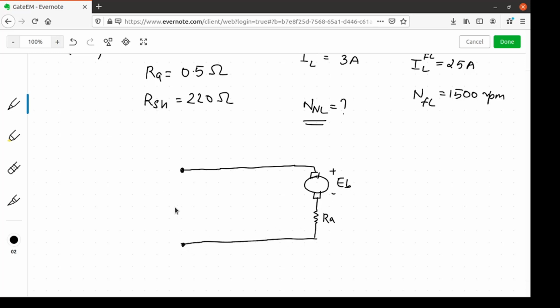We'll supply the voltage here. Then we have the shunt field, so that will be here with its shunt field resistance Rsh. This will be the shunt current. This is the line current drawn. This is the armature current.